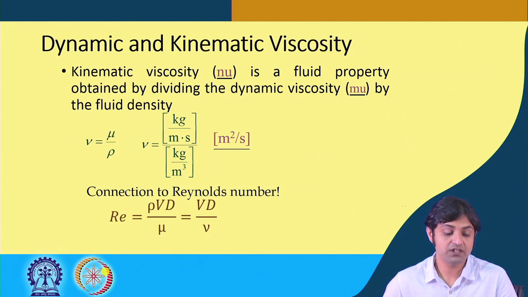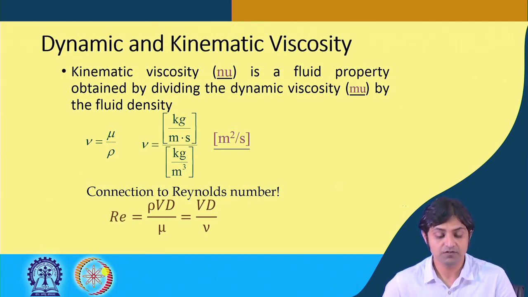This also has a connection to Reynolds number. Reynolds number is a concept that we will study some weeks from now, but I think this is a fluid mechanics and hydraulics class, so it's important to introduce the value. Reynolds number is given by rho V d by mu, and since mu can be written as rho into nu, we can simply write Reynolds number as V d by nu.